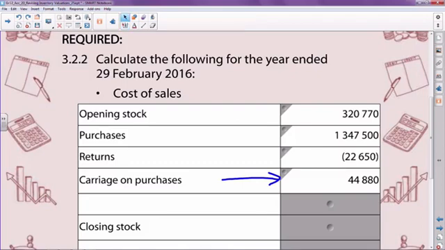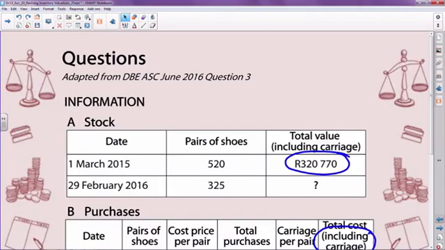Now this is what we do. We add all of that. So you've got your opening stock plus your purchases minus your returns. Remember that? You subtract your returns, add your carriage and purchases, and this gives you your merchandise available for resale. Now you subtract your closing stock, 224,250. From where? Remember the calculation that you did?